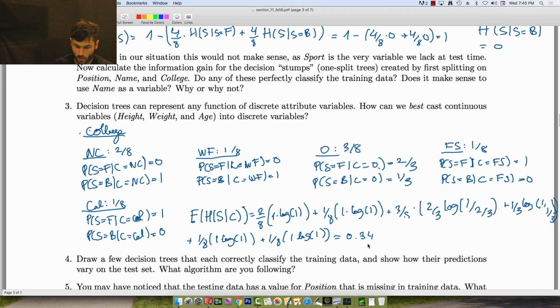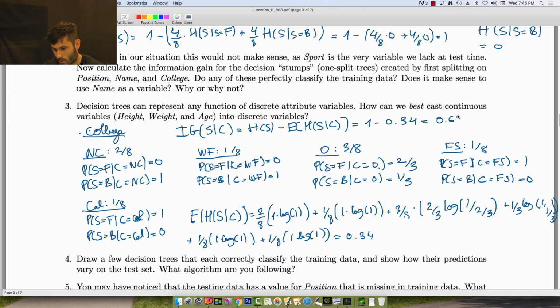So now we can compute the information gain of the variable sport given college, and as we drew before, it is the entropy of sport minus the expected entropy after the split, and this is given by 1 minus 0.34.